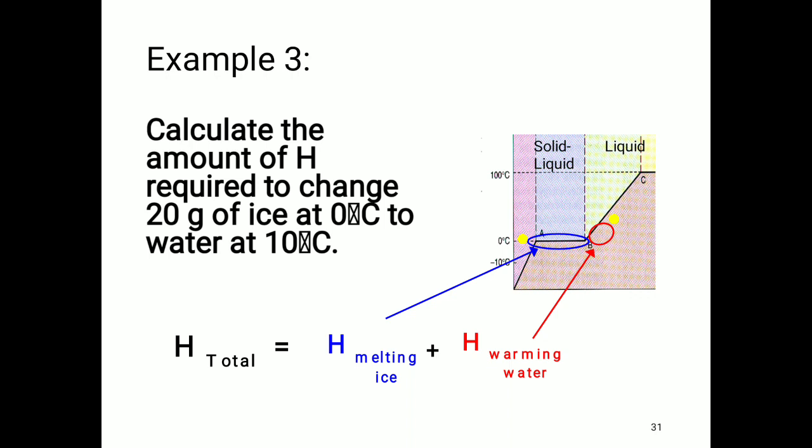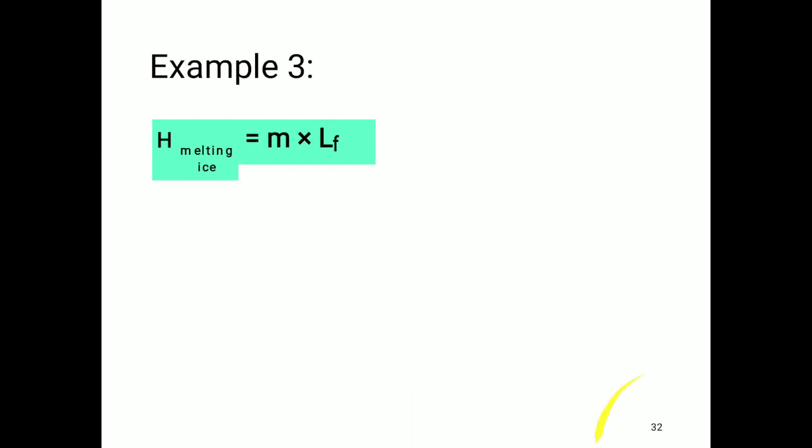So first heat is required to melt the ice, and another heat is required to warm the water. Heat to melt the ice you can calculate by the formula m into Lf, the latent heat of fusion.